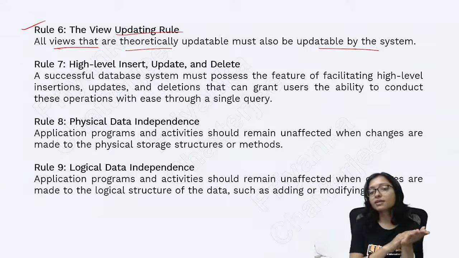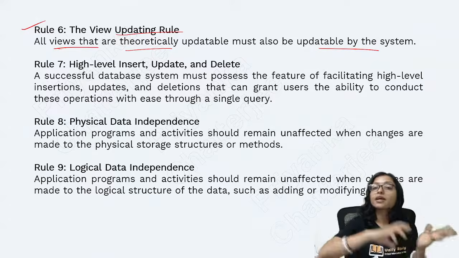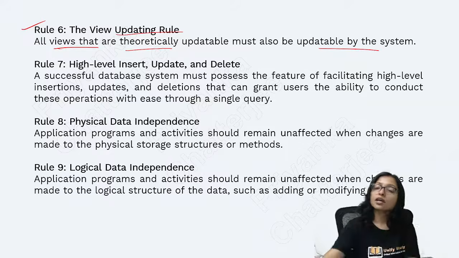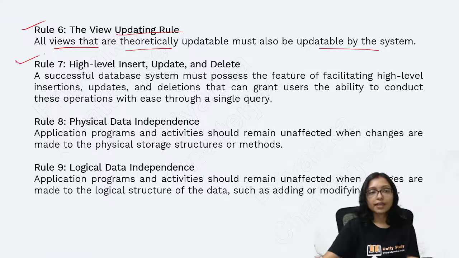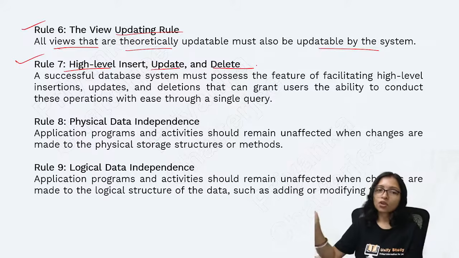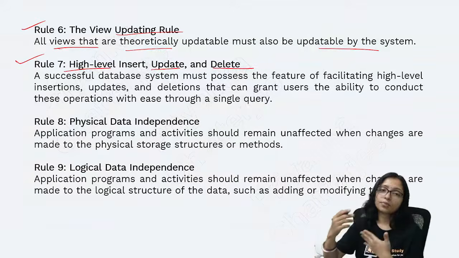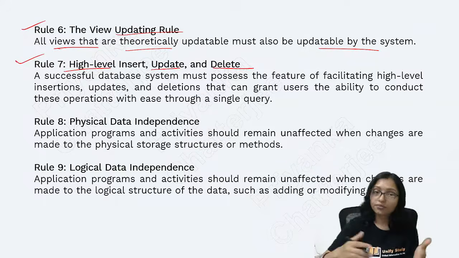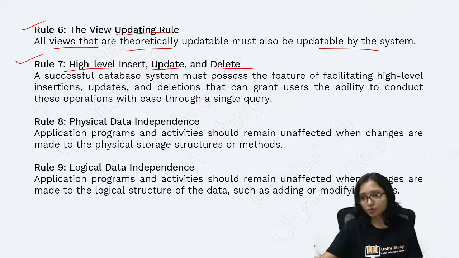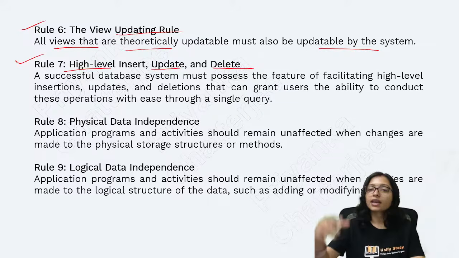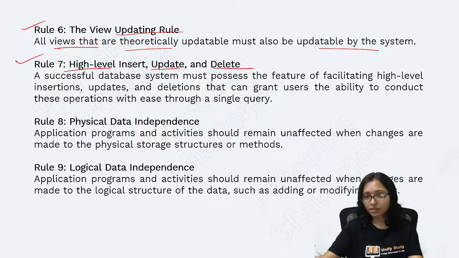But if I try to update the view, it should reflect in the original physical level also. That is called the view update rule. Next one is high-level insert, update and delete. Whenever you do an insert, delete or update operation, it should affect the original database also. It is not that you temporarily do something and the original one is not affected.